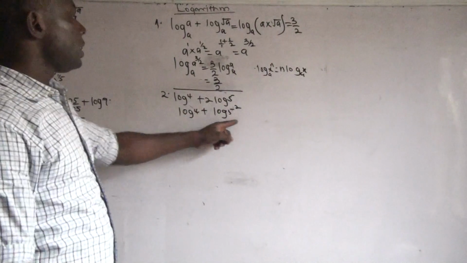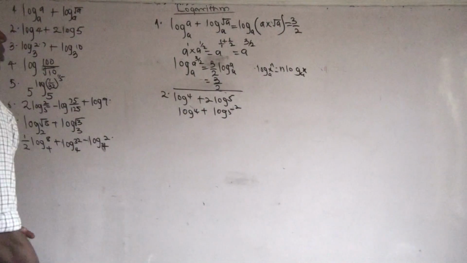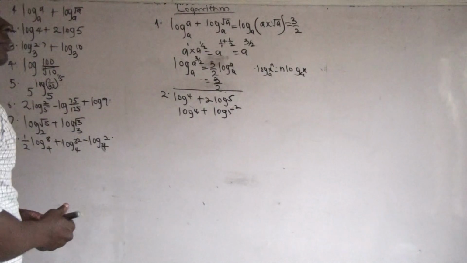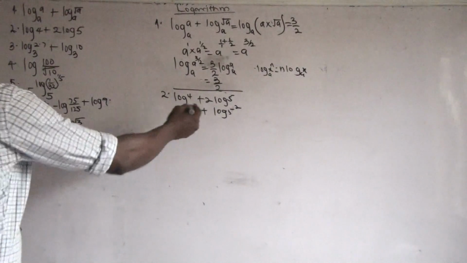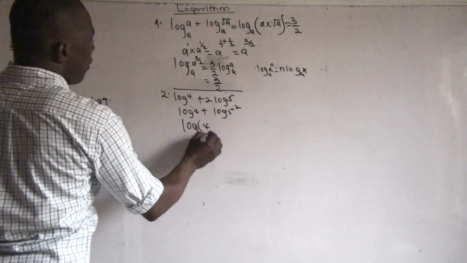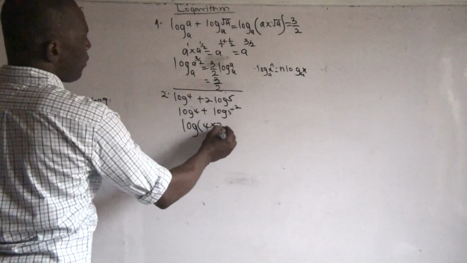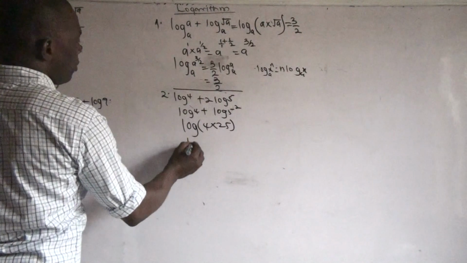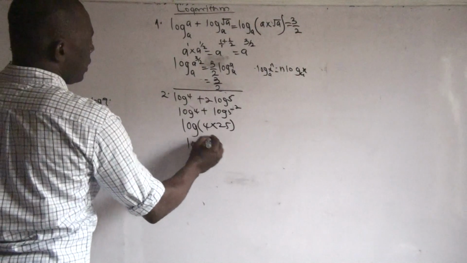Because the bases are the same, we will apply the rules. Addition will multiply here. Here it becomes log, open bracket, 4 times 5 square, which is 25. This becomes log what? Log 100.